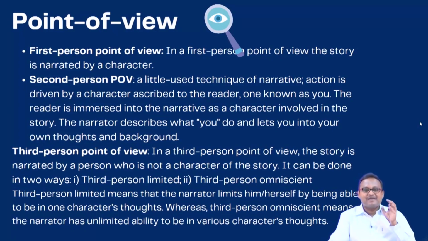This is again very important. Generally speaking, point of view is who is narrating, the narrating persona. Generally speaking, there are two points of view that most writers make use of. One is called the first person narration, the other is called the third person narration. First person is I, we, us.